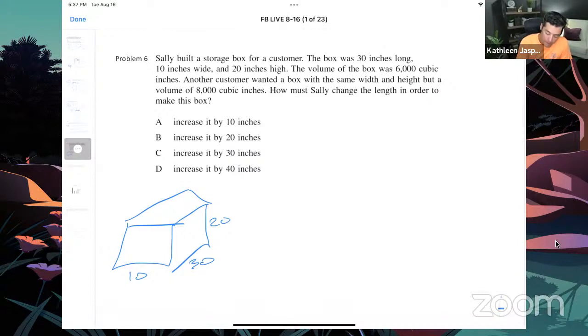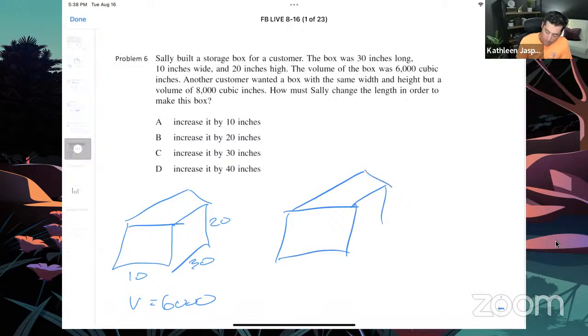So you do length times width times height in order to get volume, and you end up with 6,000 cubic inches. They even tell you that in the problem. So I know that volume is equal to 6,000. My next one is very similar, same width and height.